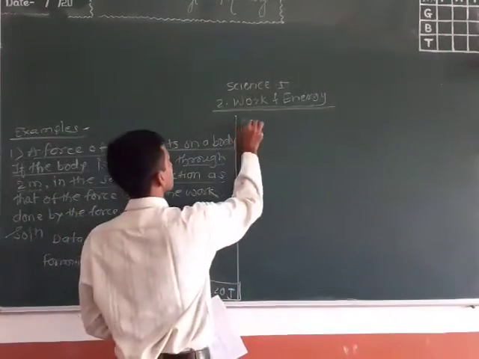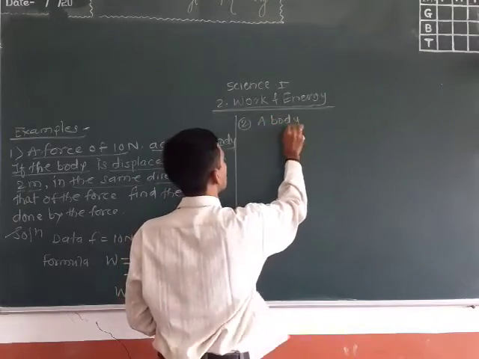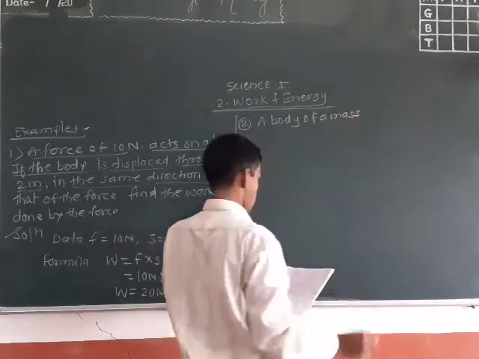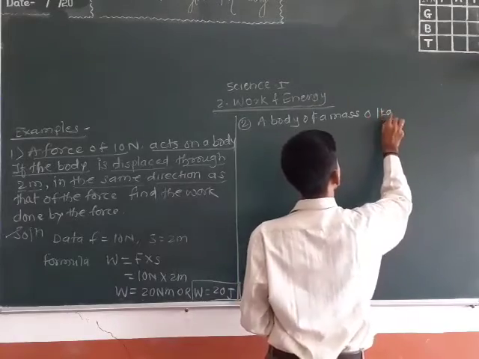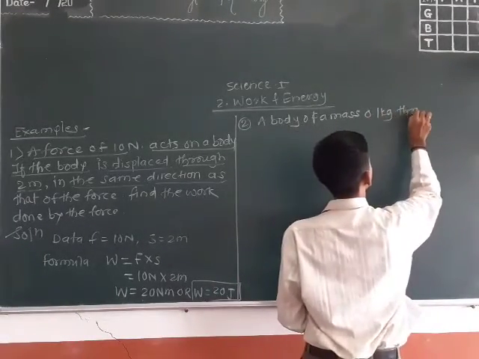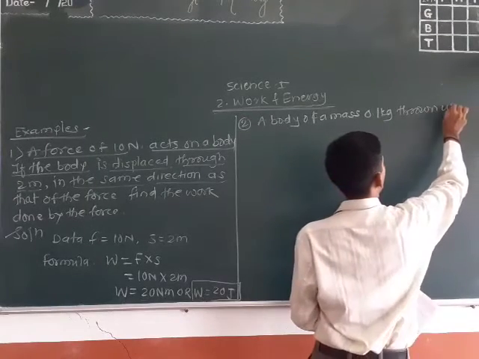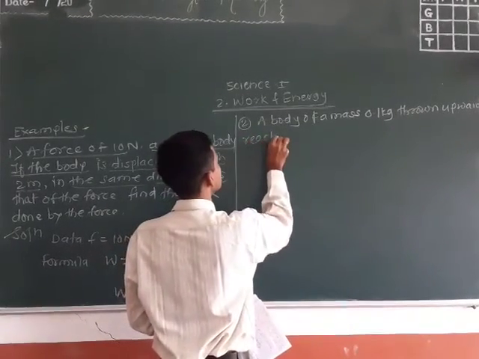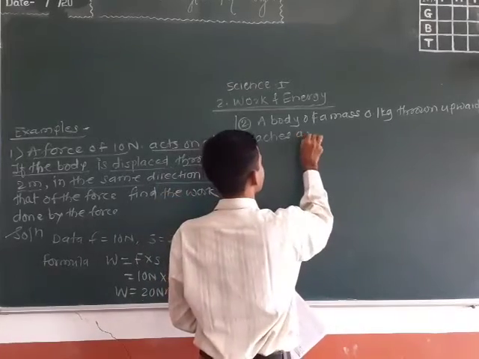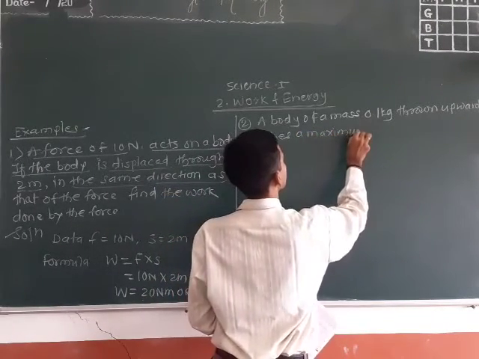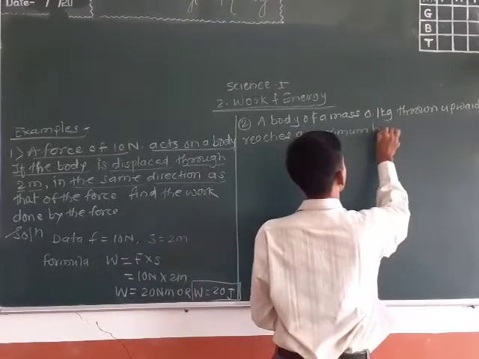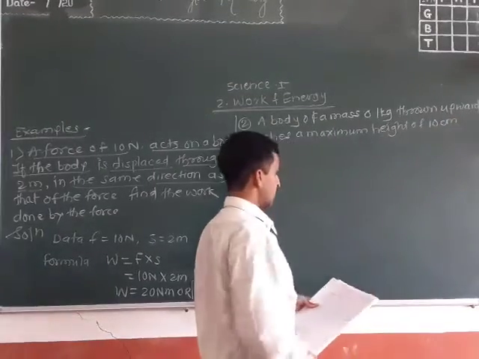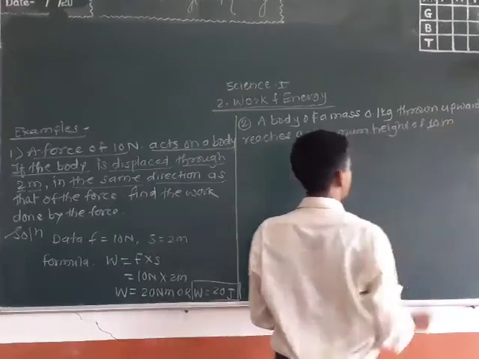Second example: a body of mass 0.1 kg is thrown upward and reaches a maximum height of 10 meter.